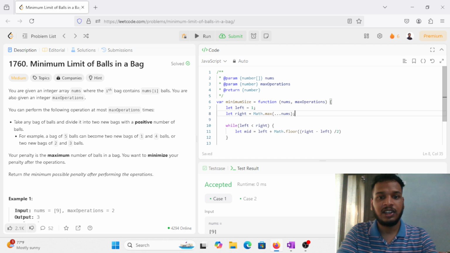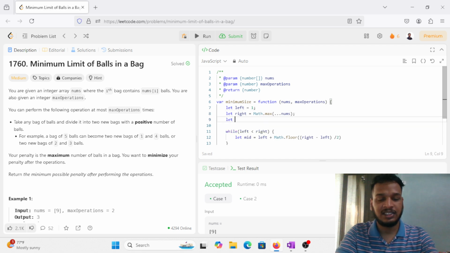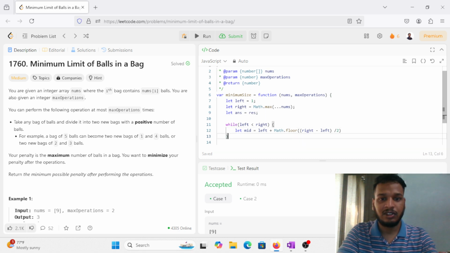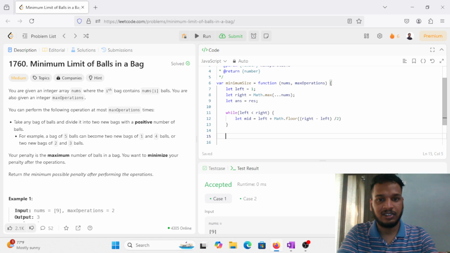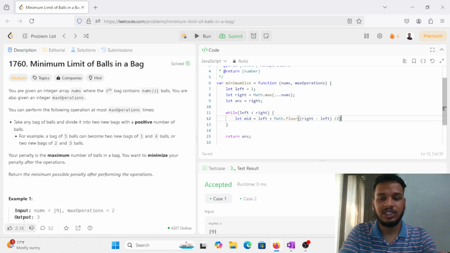Now we need an answer. Let answer be equal to right, we'll start from right, and we return answer. Now we have to check if the mid which we are getting is valid.